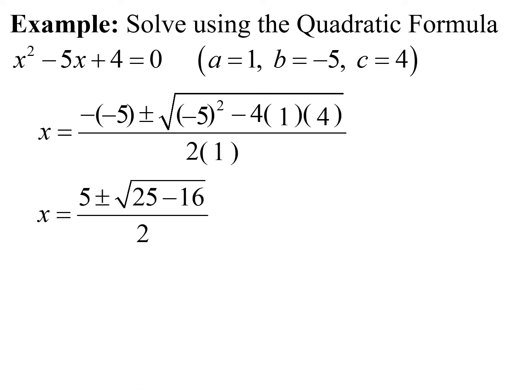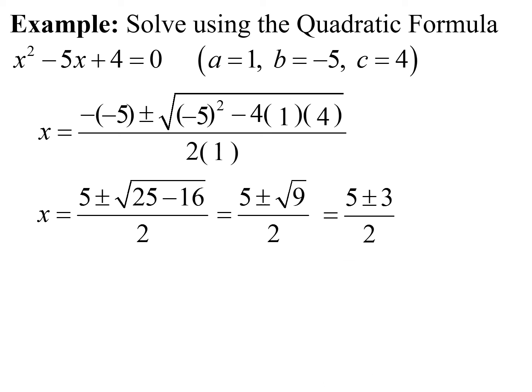Now we just want to clean it up. Out front, we have negative negative 5 is positive 5, plus or minus the square root of negative 5 times negative 5 is 25, minus 4 times 1 is 4 times 4 is 16, all over 2. Clean it up again inside of the radical. 25 minus 16 is 9, so we have 5 plus or minus the square root of 9 over 2. Clean it up again, the square root of 9 is 3, so we have 5 plus or minus 3 over 2.